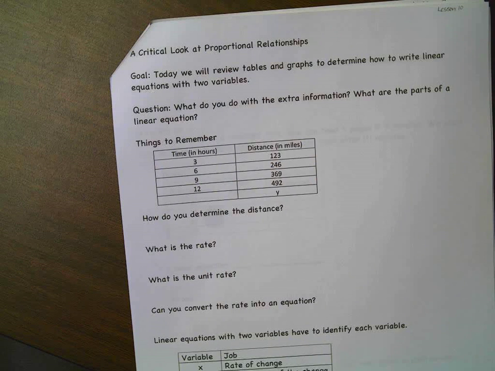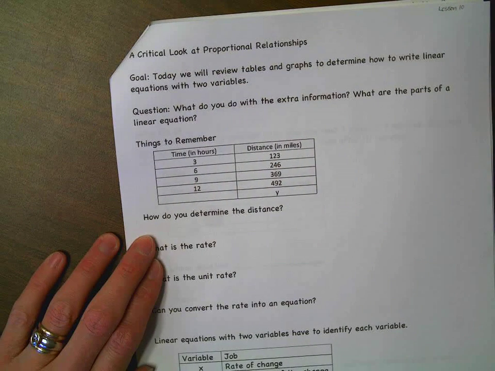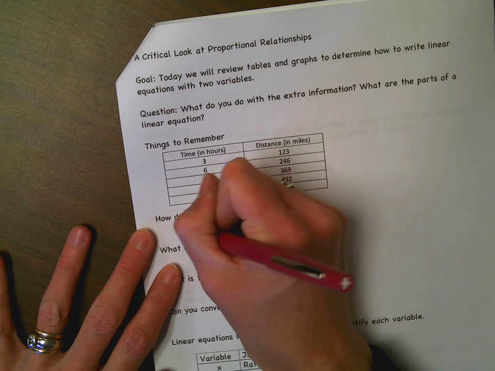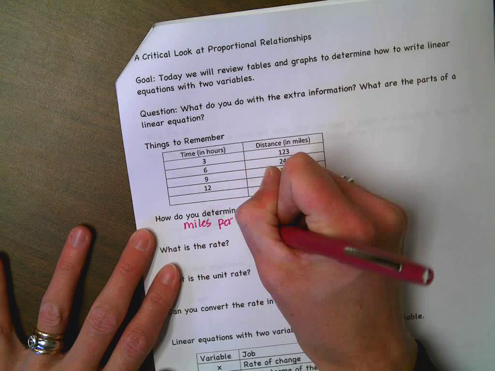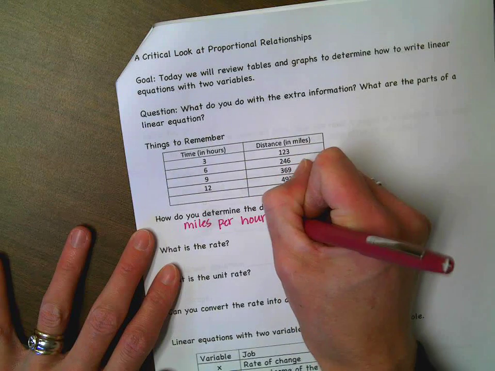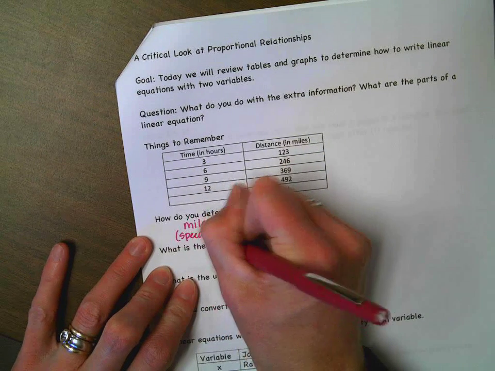In order to figure out distance, you have to take the amount of time traveled times the speed that you go, right? So you're comparing miles per hour. And when we're talking about miles, we're actually talking about the speed. Okay?